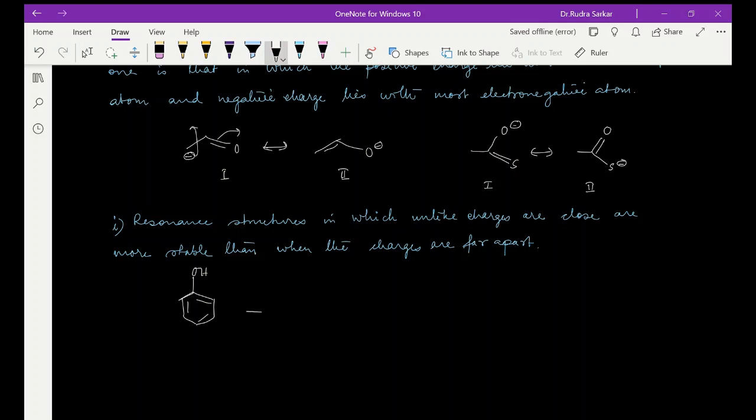Suppose we have taken a phenol. Now, the resonating structures that we will get are as follows.